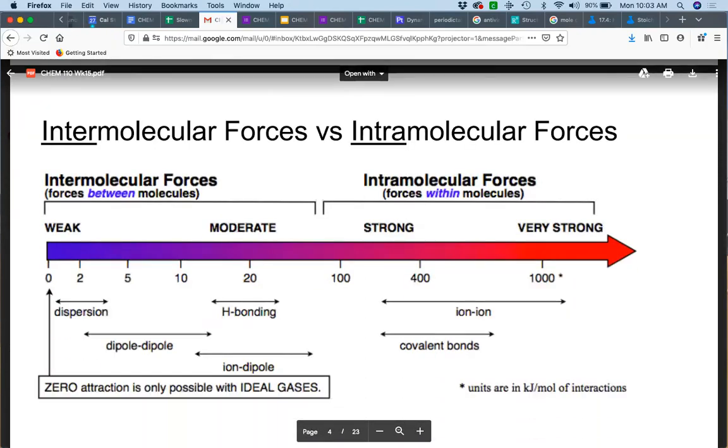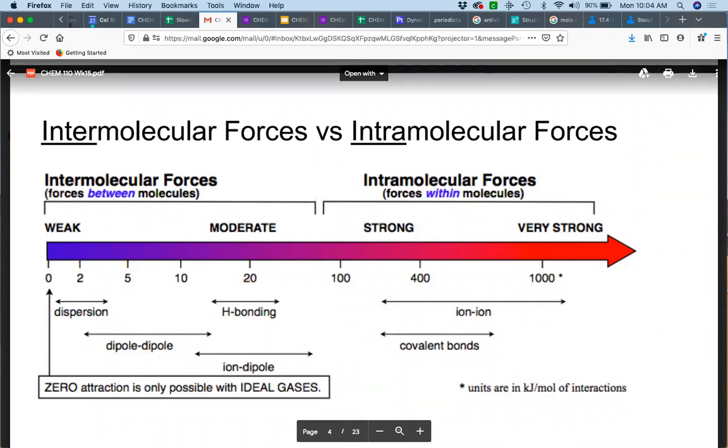Before we leave, here's the big reminder. If there's anything that shows up again and again and again on exam 3, it is intermolecular forces. So please make sure that you have in your mind a distinction between intermolecular forces, that is the forces that are between molecules, and intramolecular forces, or the forces that are within molecules.